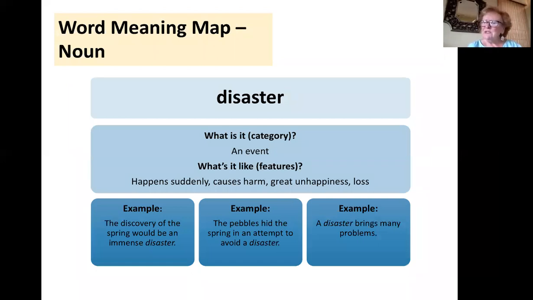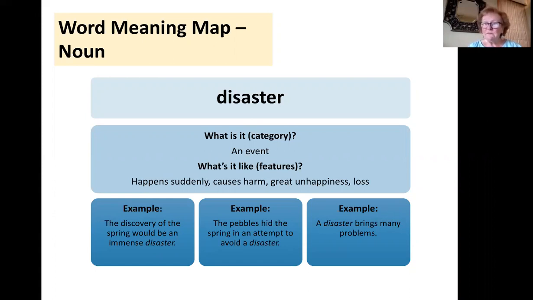All right. So if I, in fact, need to provide definitional and contextual information to my students, how might I do that for the words that I've selected? And this word happens to be the word disaster. This is from Tuck Everlasting. It is a word that I identified in that very first column for intentional instruction. And as I think through how to go about providing a definition to my students, I can think about it from this perspective.